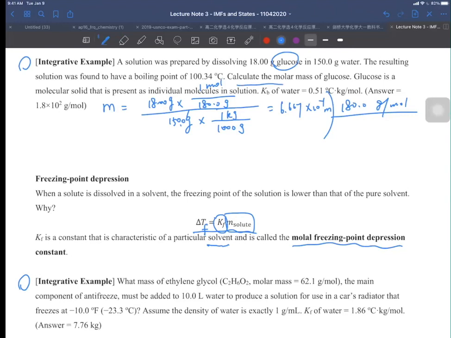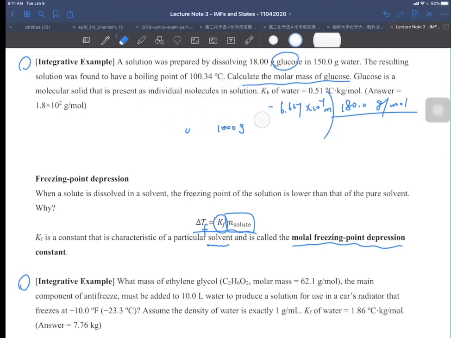Oh, we need to calculate molar mass. Sorry, I misguided you guys. My bad.